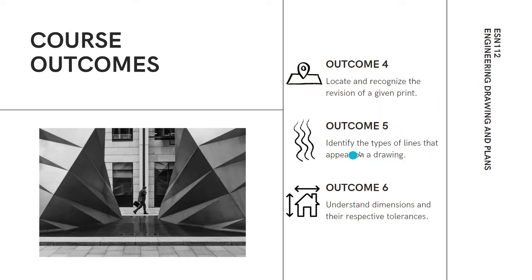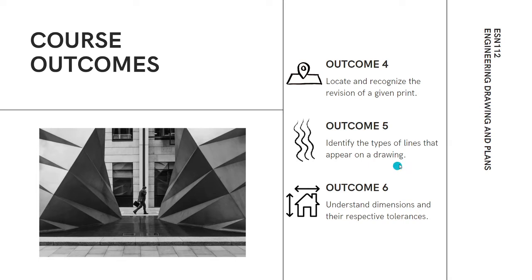Next, identify the types of lines that would appear on a drawing. If you can imagine a plan of a house, it is really all lines. The type of line used matters for emphasis, as does the line weight, or whether it is a broken line or a phantom line.